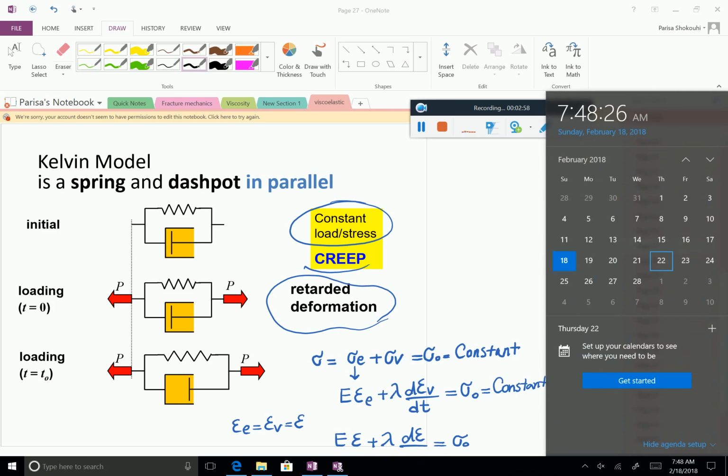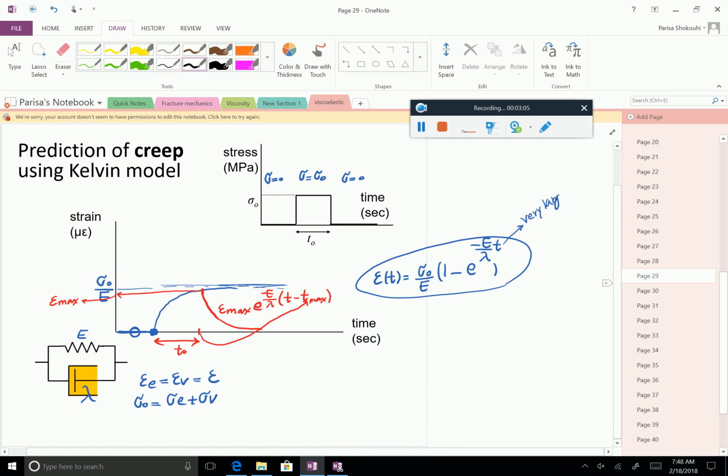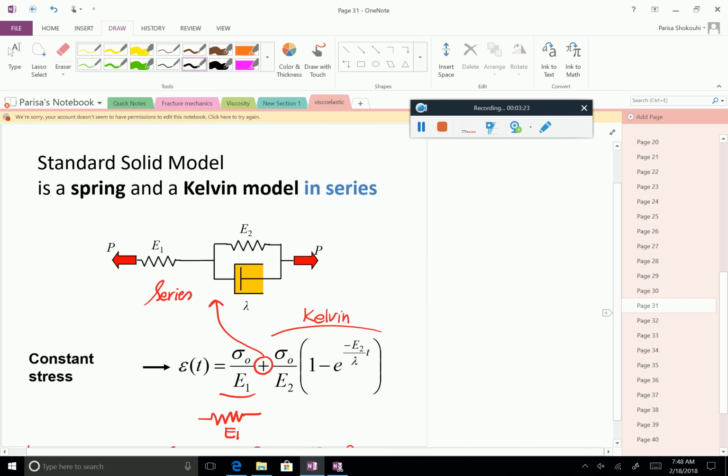And if you look at the creep behavior, let's remind ourselves, we have delayed deformation and delayed but full recovery. So this is the Kelvin model. And then we had the solid model, where we put in series one spring with the Kelvin model, as you can see.